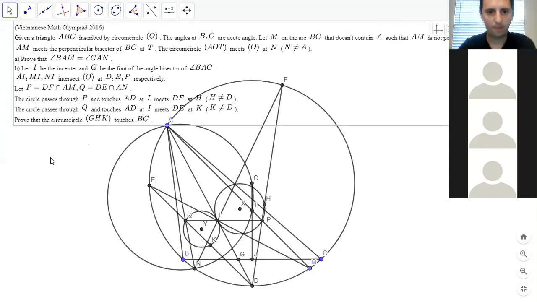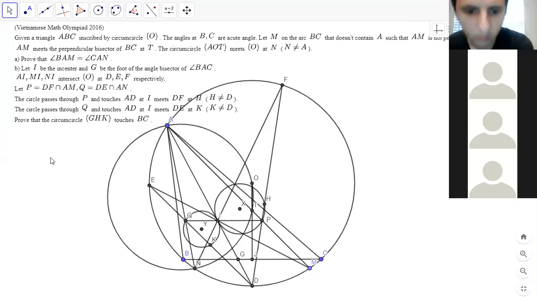So yeah, really, we can hide point T, right?